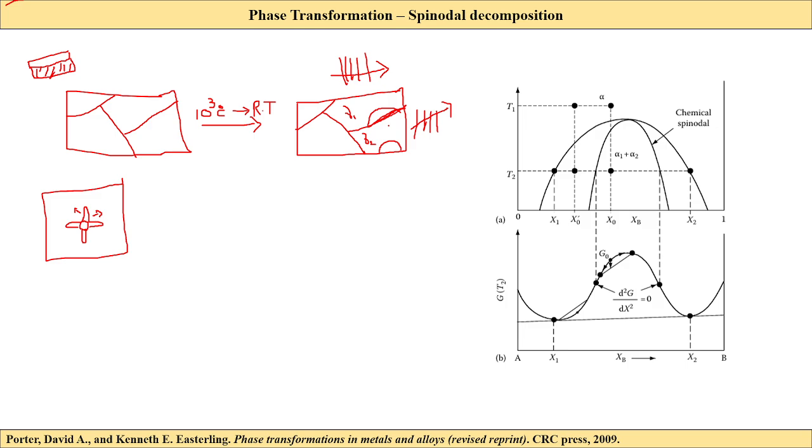If you are talking about an incoherent or somewhat semi-coherent surface, that's why the energy is higher there. To minimize the grain boundary energy, a new surface will form, a new phase will form there.